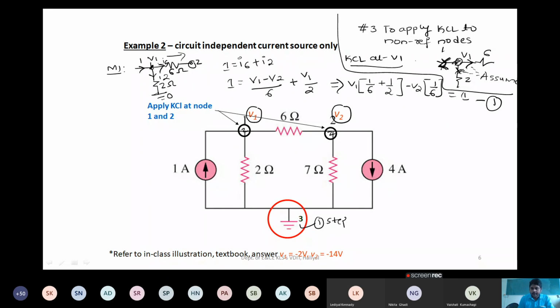Now coming to the second method, for node V1 only. If you apply KCL here, I will simply assume that all are outgoing currents.